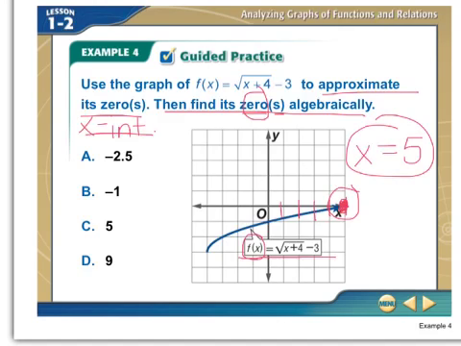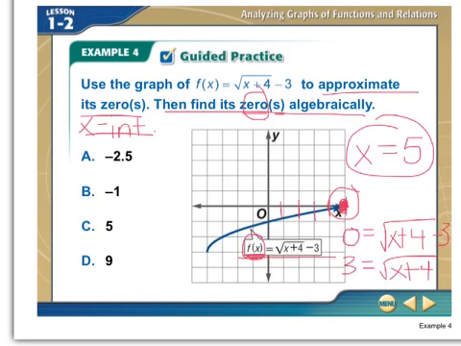An x-intercept or a zero is found by substituting 0 for y, which f of x is the same as saying y. So we're going to say 0 equals square root of x plus 4 and then minus 3. Now, to solve this equation for x, I'm going to first move the 3 to the other side. So I'm going to add 3 to both sides and say that 3 is equal to the square root of x plus 4.